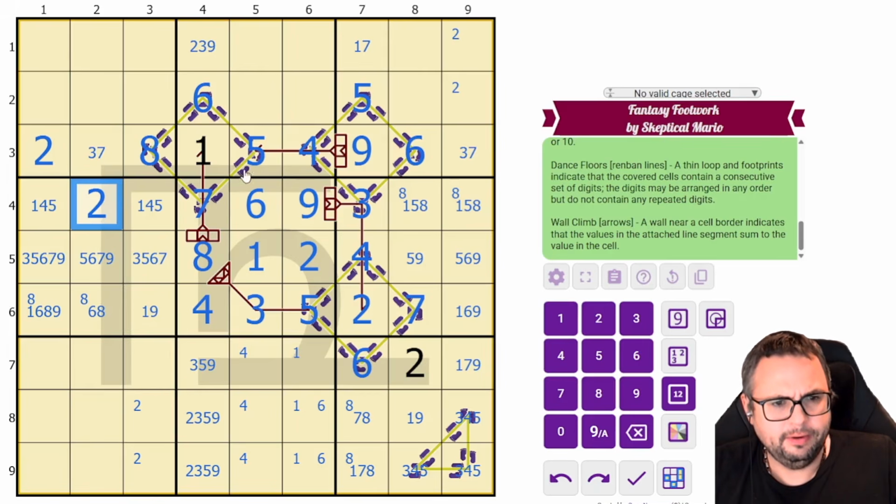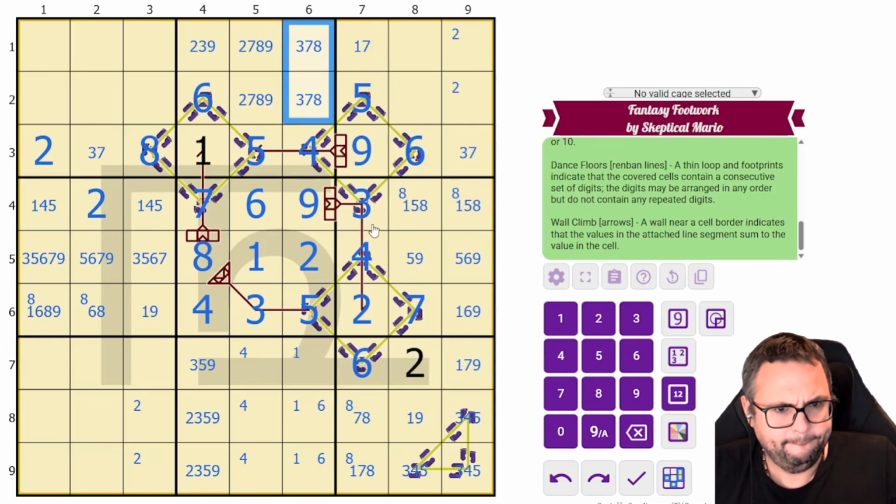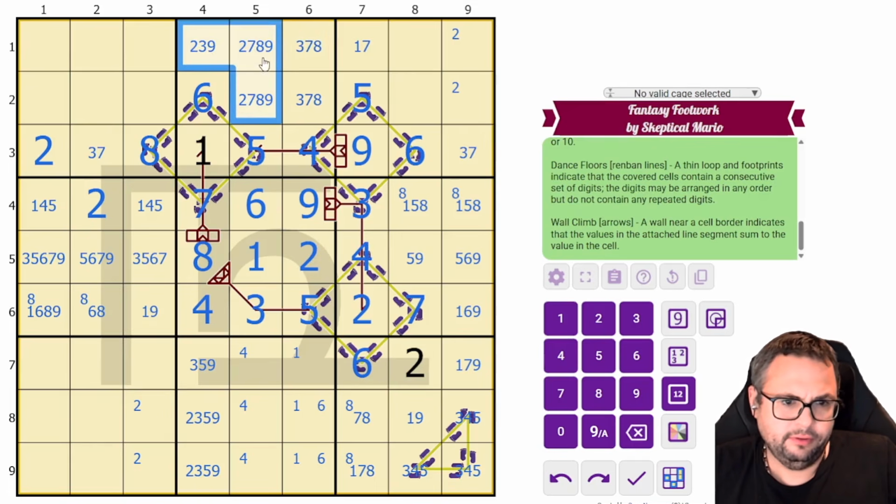Not a lot going on there. Up here, 2, 3, 4, 5, 6, 7, 8, 9. 3. Those aren't 2 or 9. The 2 is in one of these 3 cells, which means that's not an 8.